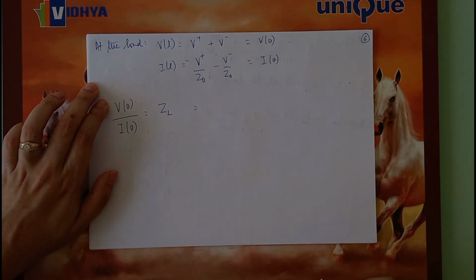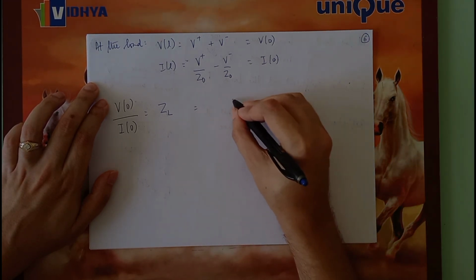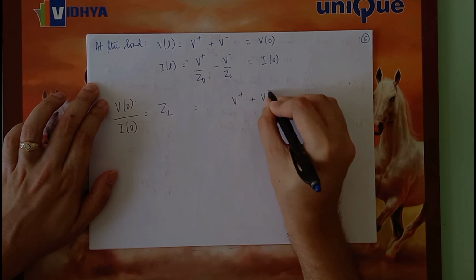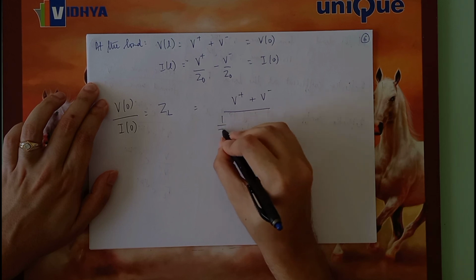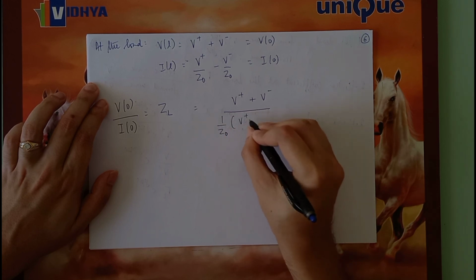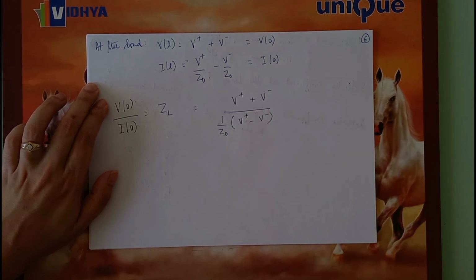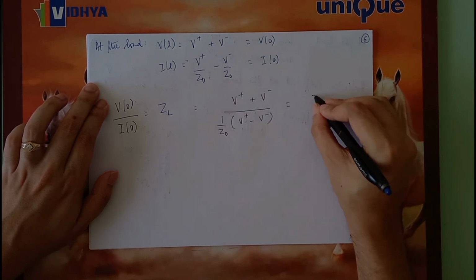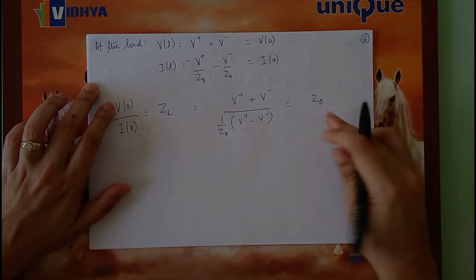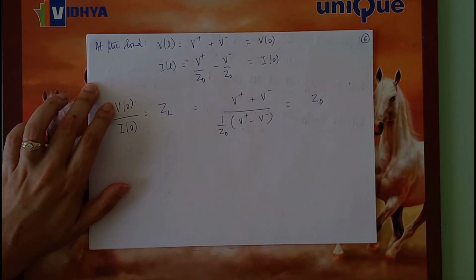So what you will see, this would reduce to V plus V minus divided by, if you take this 1 by Z0 common, this is what it will look like. So if I just do a little bit of manipulation, I can say that this is Z0, this will go on top.